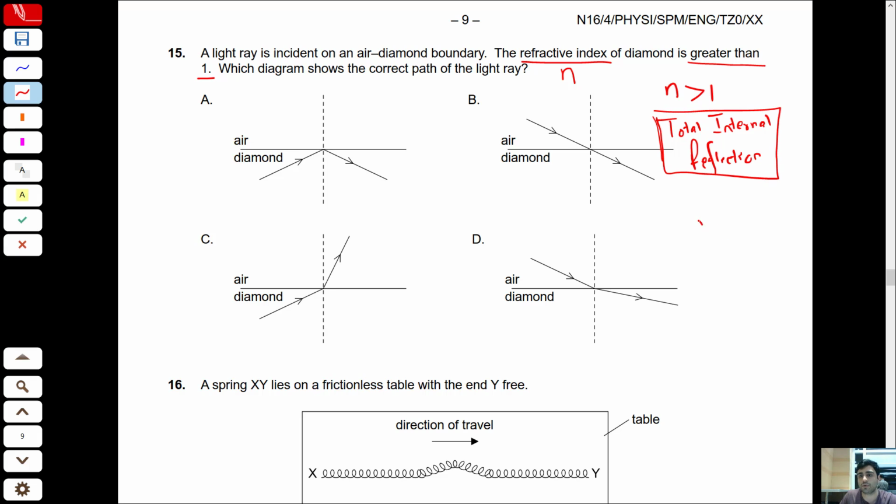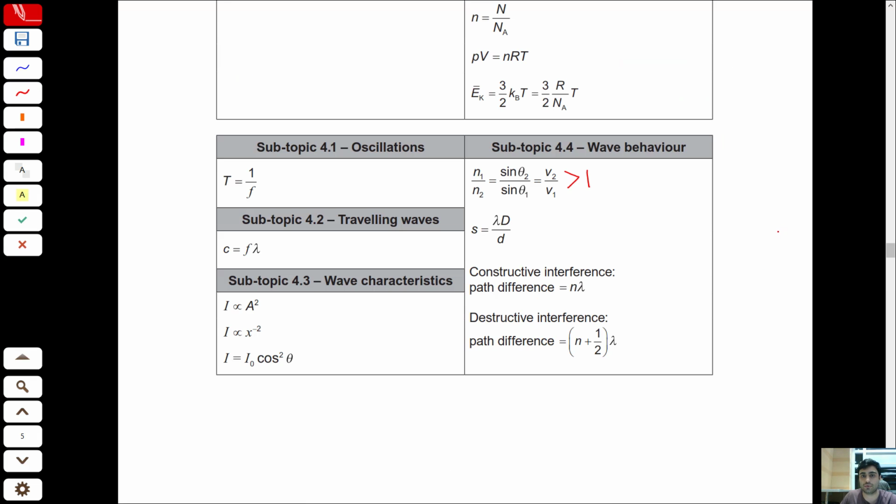Yeah, because in our case, it will be the refractive index of diamond with respect to the refractive index of air, which equals the velocity ratio.